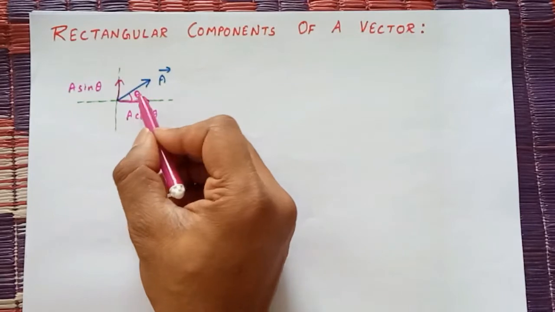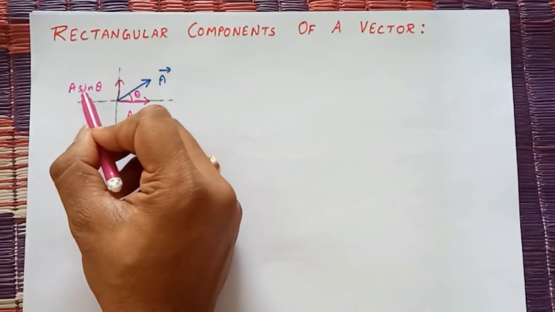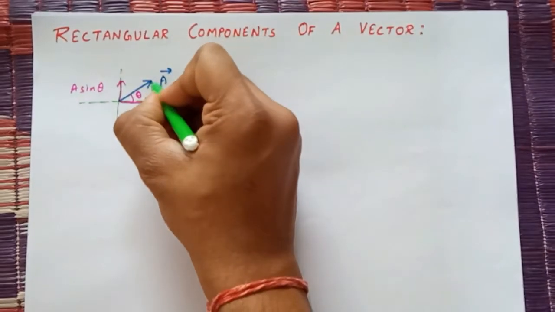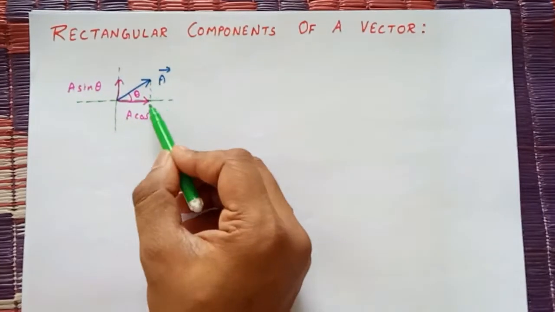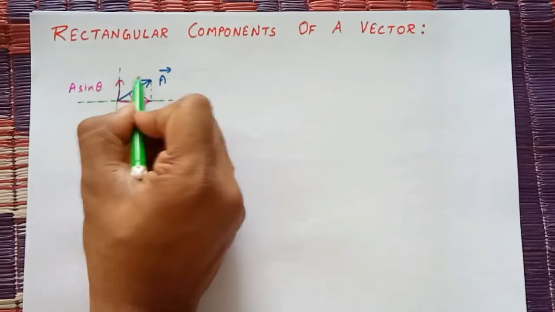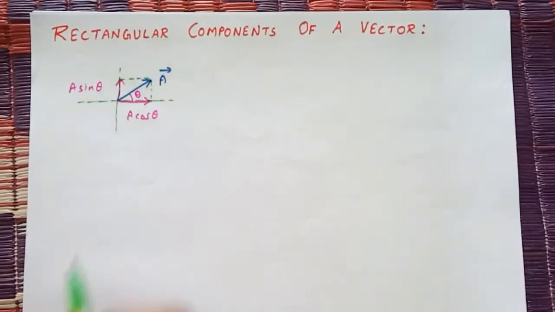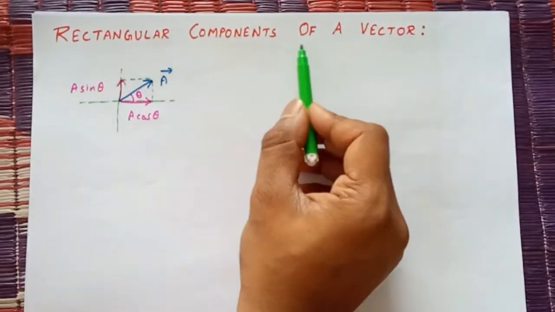Where theta is given, that side we will draw the cos theta component, and where theta is not given, that side we will draw the sin theta component. The length of A cos theta will be this much, and the length of A sin theta will be this much, such that this forms a rectangle. So A sin theta and A cos theta are the rectangular components.